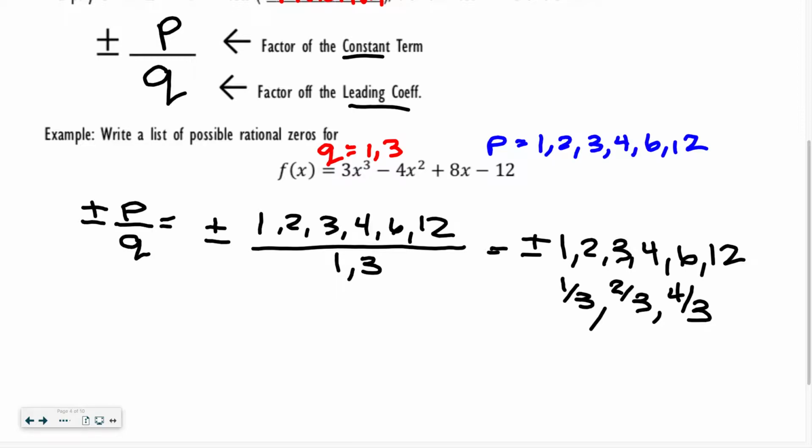They can't all work because that polynomial has a degree of 3. But if there are some zeros that can be written as fractions, it's one of those numbers. So now I don't have to check from negative infinity to infinity. I just got to check this list.